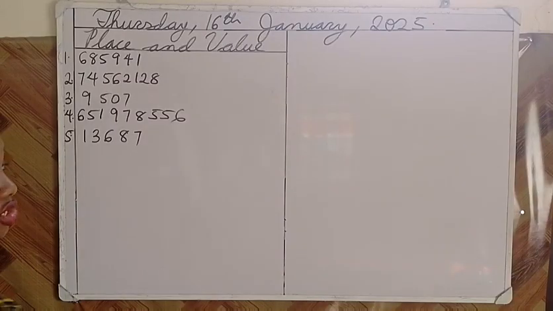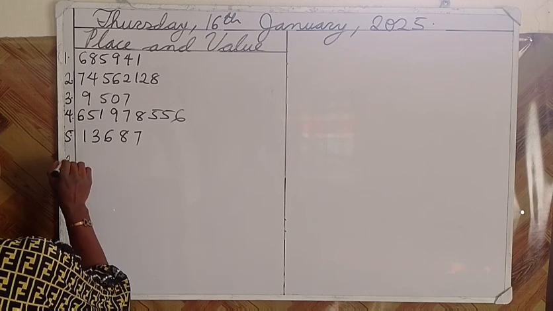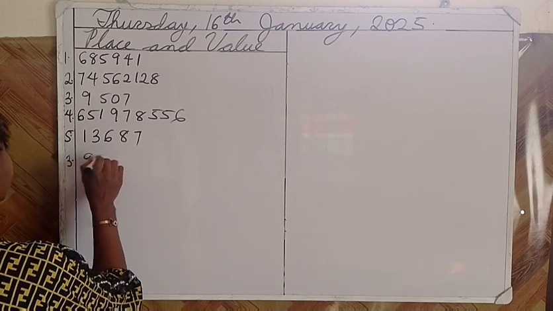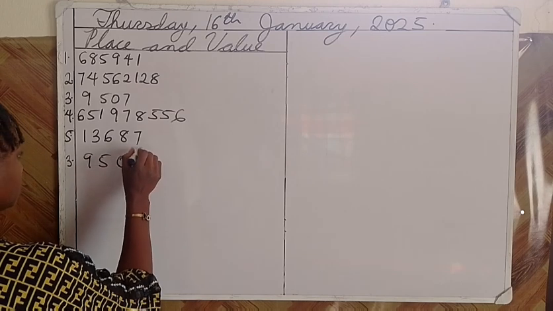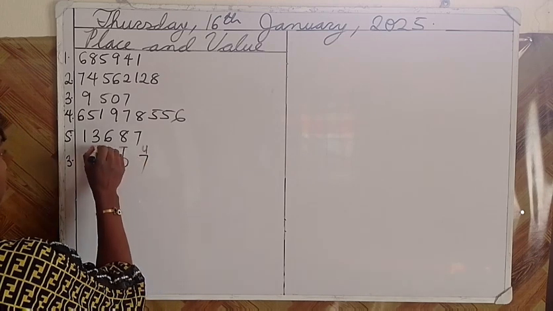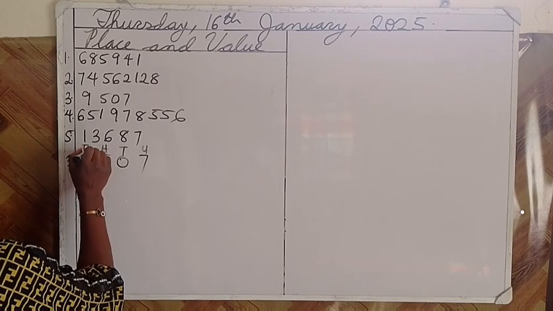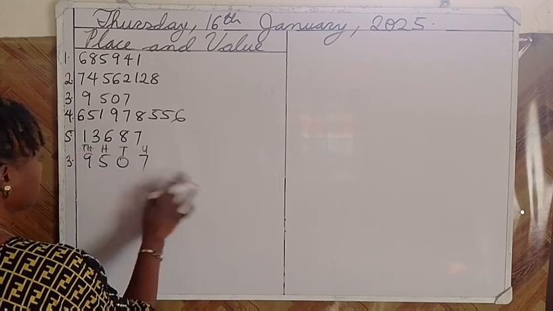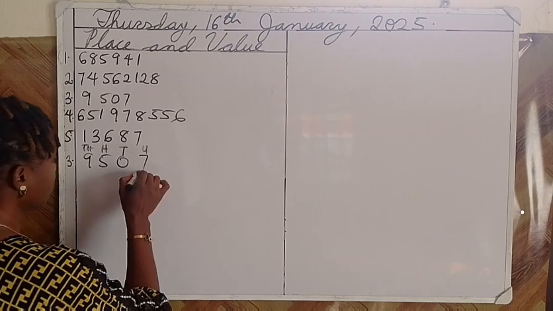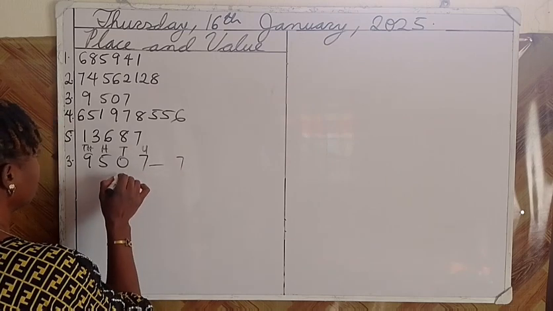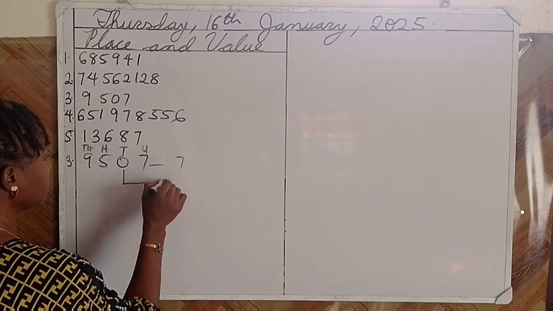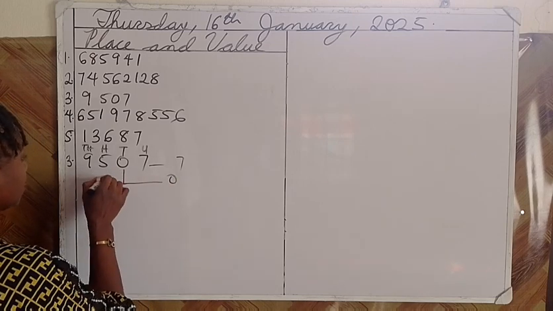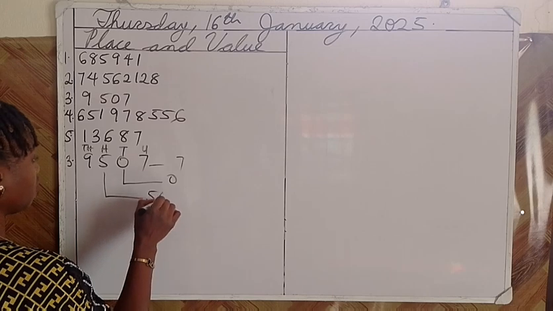Now we'll move on. Question 3 says 9507. Of course, we know that the 7 here is the units. This is tens, hundred, and thousand. The place of 7 is units, and that makes the value 7. The place of 0 is tens, and the value is still 0. The place of 5 is 100, and the value is 500.